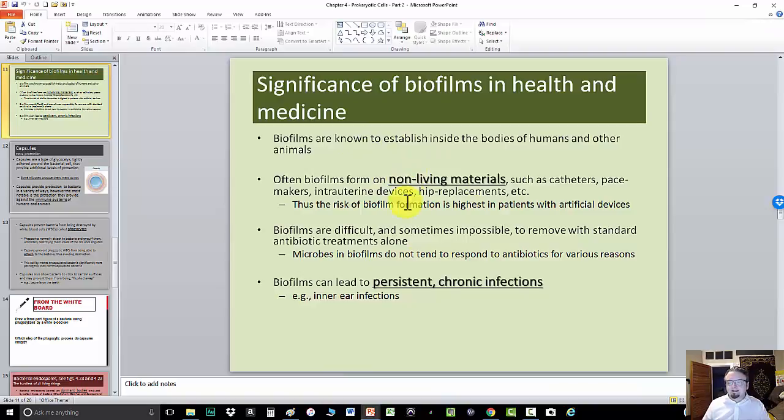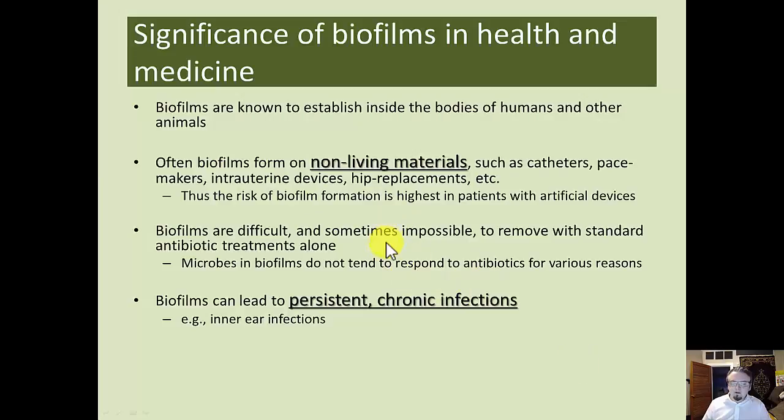So when it comes to implanting things in the body, this becomes a risk factor that normally wouldn't be a factor otherwise. As an aside, and I honestly don't know much about this, I haven't done the research on it, but I've heard a lot of speculation that biofilms may be part of persistent chronic ear infections.